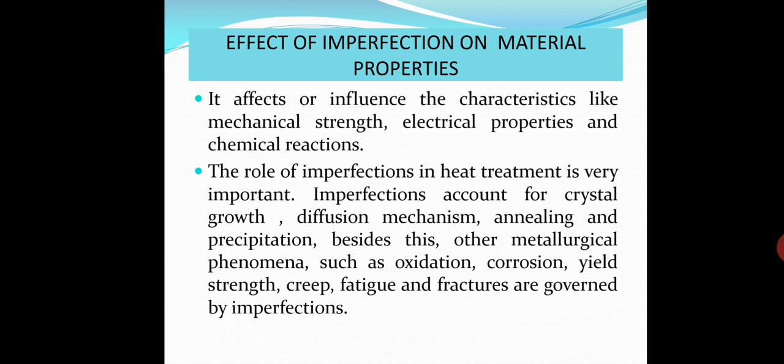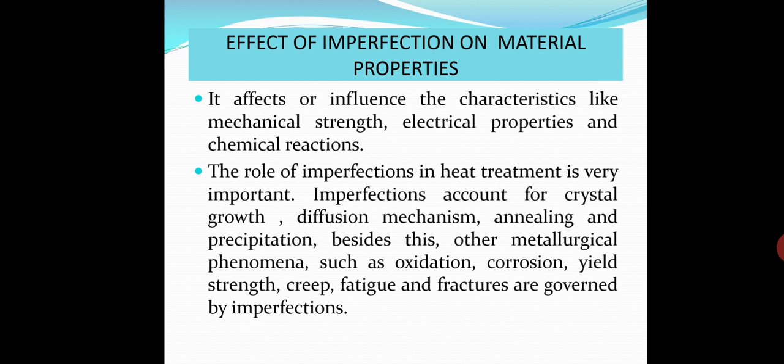The role of imperfections in heat treatment is very important. Imperfections account for crystal growth, diffusion mechanism, annealing and precipitation. Besides this, other metallurgical phenomena such as oxidation, corrosion, yield strength, creep, fatigue and fracture are governed by imperfections.